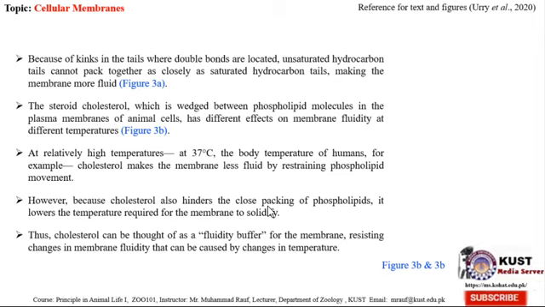On the other hand, it is present in between the phospholipid tails and thereby decreases the temperature that causes the solidification of the phospholipid tails.